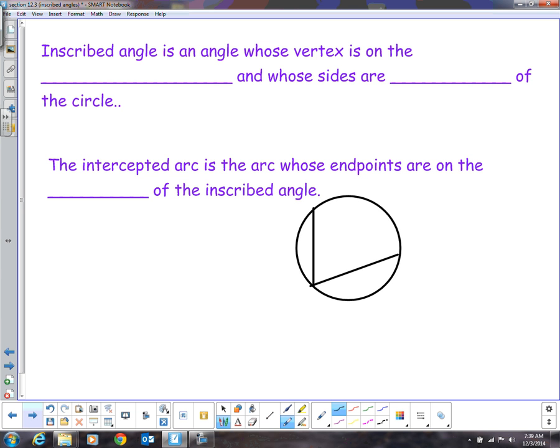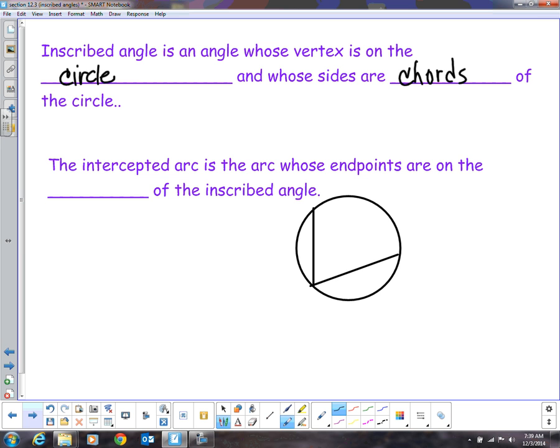Okay, an inscribed angle is an angle whose vertex is on the circle, and whose sides are chords of the circle.